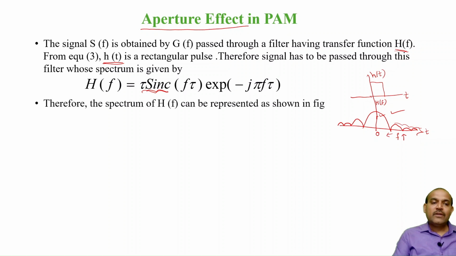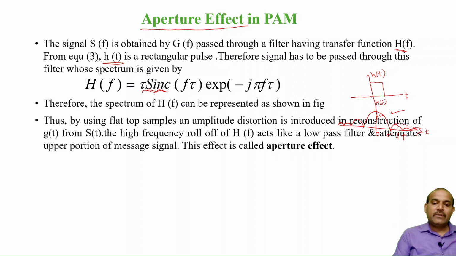Anyhow, this effect we call the aperture effect. What is the aperture effect? At lower frequencies we get the maximum amplitude. As the frequency increases, the amplitude decreases. It rolls off to 0.